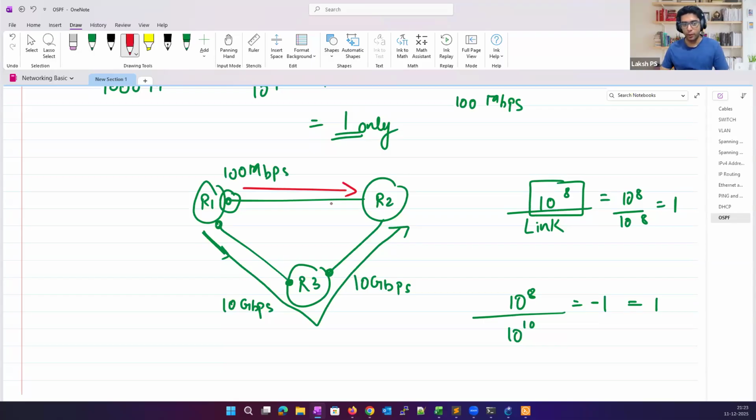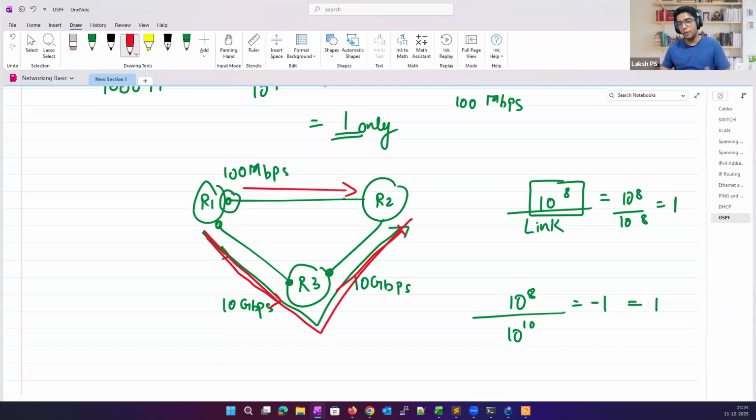Okay, I hope you're getting this point. From R1 to R3, this link is 10 Gbps, and this link is also 10 Gbps. Obviously, a 10 Gbps link is faster than a 100 Mbps link. So even if R1 chooses this longer path, it will be faster than the direct path.